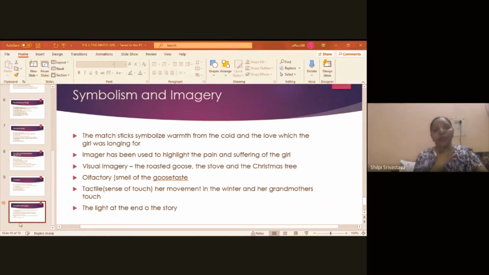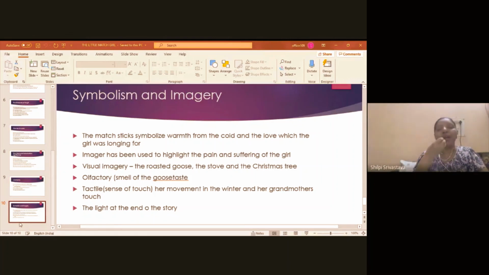She is almost getting frozen. The Christmas tree tells you that she is lacking that celebration in her life. She's yearning for that celebration. For her, Christmas is not what it is for others. So you start empathizing with the girl. You start feeling sympathetic towards the girl.